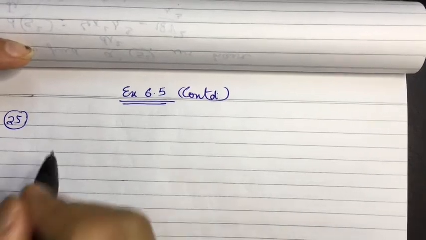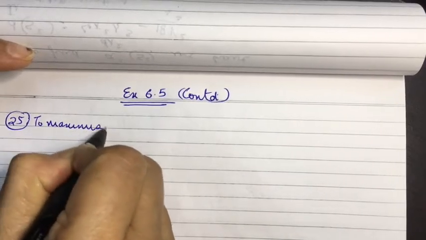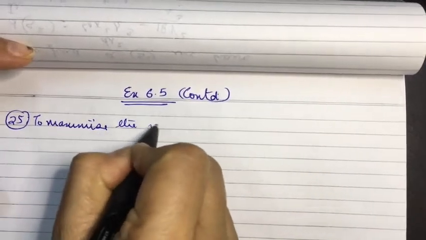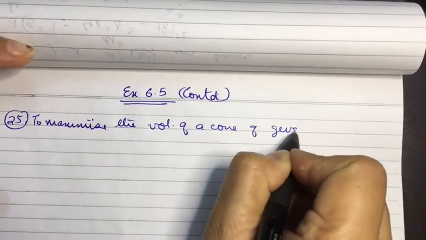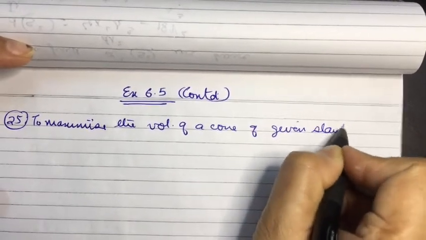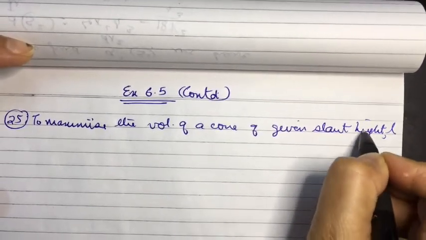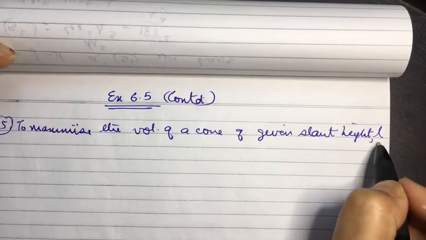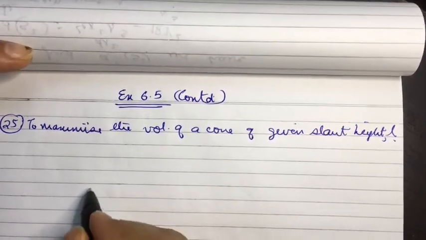Now it means that we have to maximize the volume of a cone of given slant height L. It means that L is a constant and we have to maximize the volume of a cone.